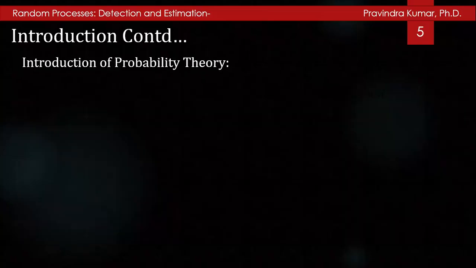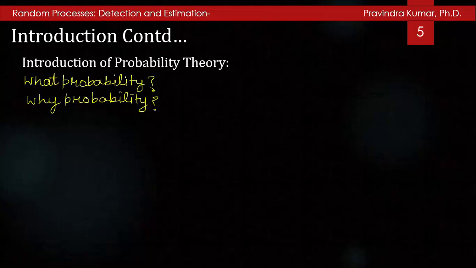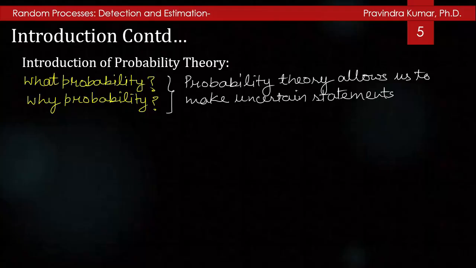Now we start with the introduction of probability theory. Initially, two questions should come to your mind: what is probability and why probability? Now I will try to answer these two questions. Probability theory gives a mathematical framework that allows us to make uncertain statements.